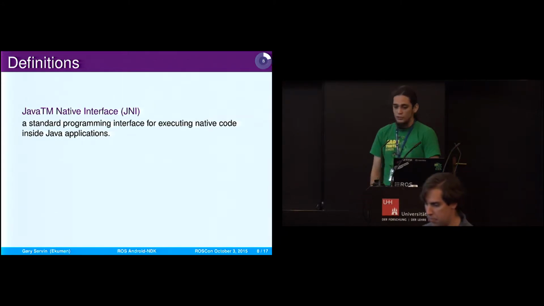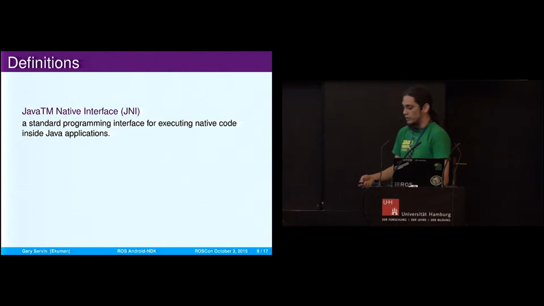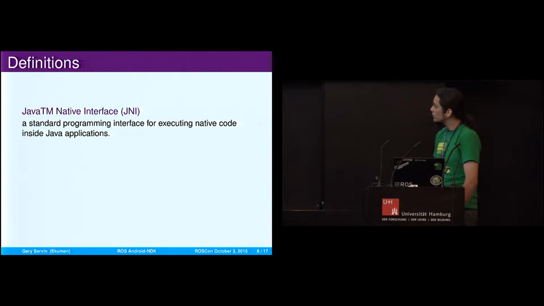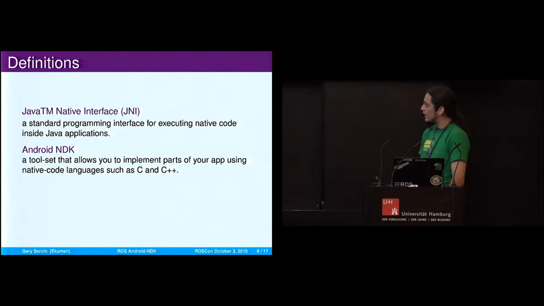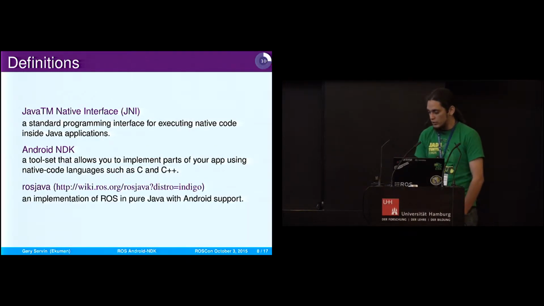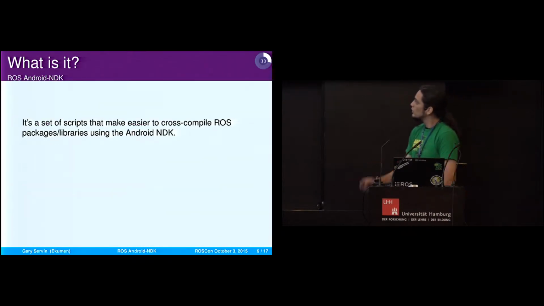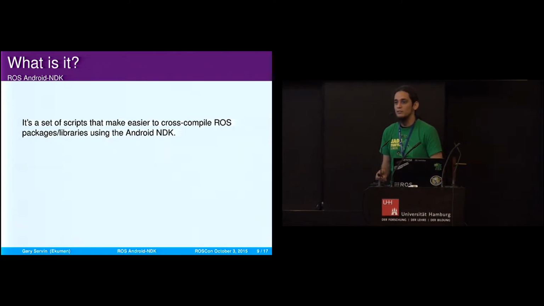A few definitions before we start that will be useful during the talk. We use the Java Native Interface. We also make heavy use of the Android NDK, and we also have some parts of ROS Java. So what's ROS Android NDK? How many of you have read about ROS Android NDK?